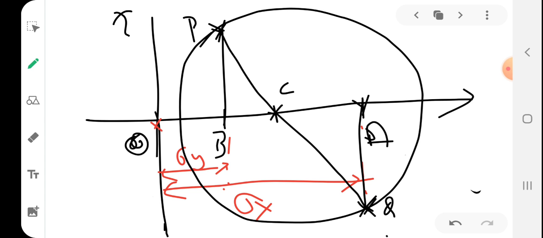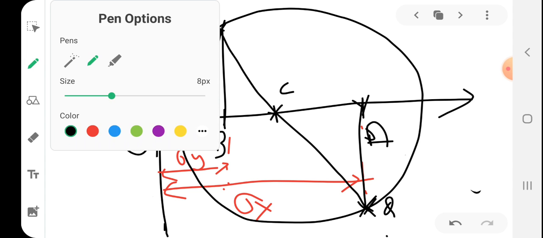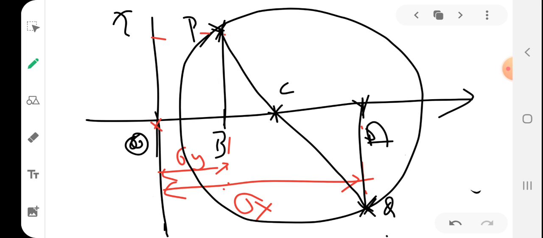So what you have to do? You have to mark sigma x here. This is tau xy, and this will be the same tau xy. So you have to mark this A. A is nothing but sigma x, B is nothing but sigma y.